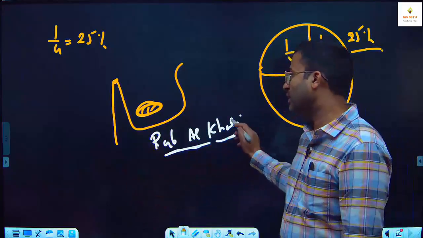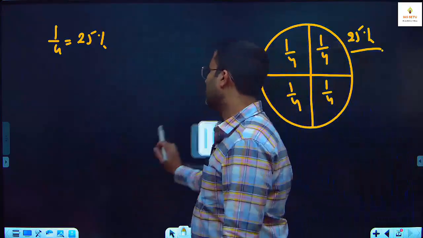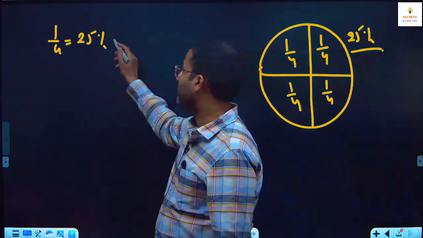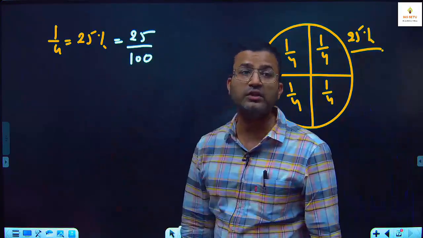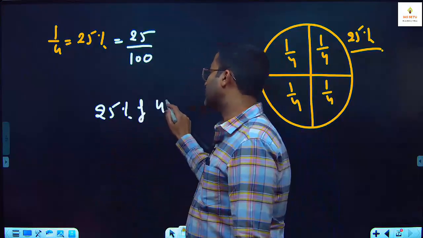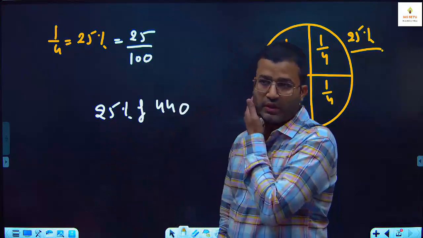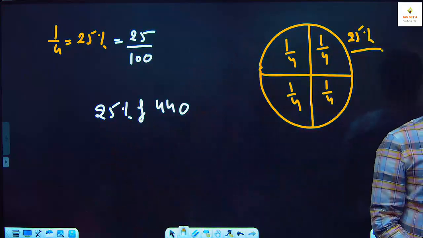So Rub al Khali. So anyways, हम अपने क्वार्टर की बात करते हैं. शाम को बारिश भी होने वाली है. 25/100. What is the use of this? If you have to calculate 25% of 440, you have the option to multiply with 25, but that is more time consuming.